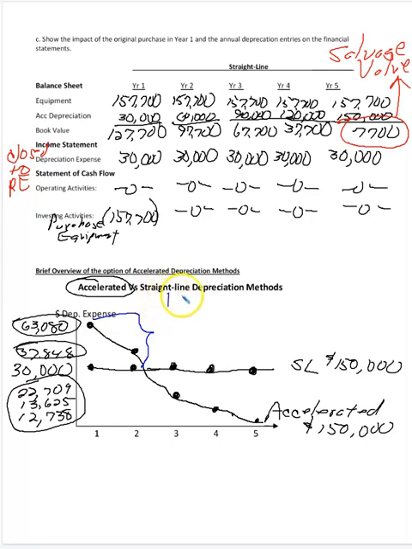Earlier on in the asset's life, we will have higher depreciation expense. Now, if we have higher expense, what does that do to income? Larger expenses means less income, and thus less income taxes paid.